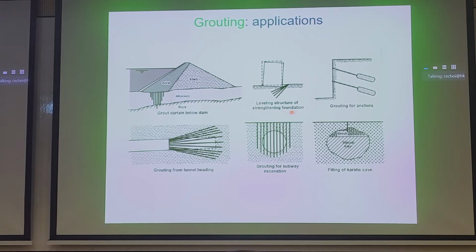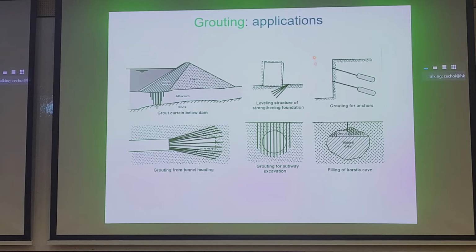This middle application at the top here is very similar to what we talked about for the Leaning Tower of Pisa. By injecting high pressure grout in the ground, you can increase stress, cause stress redistribution in the soil, and you can correct tilt. We can correct tilt for various types of geotechnical infrastructure.